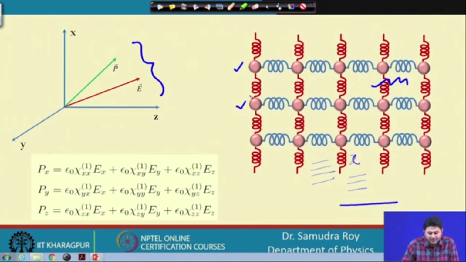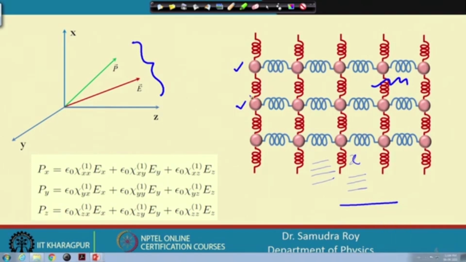What happens is that when an electric field is applied, the charge in the entire material, which is bound by the positive charge of the nucleus, gets shifted from its original position, and if the electric field is vibrating with respect to time, the charge also starts vibrating. That means the separation of the charge also starts vibrating.